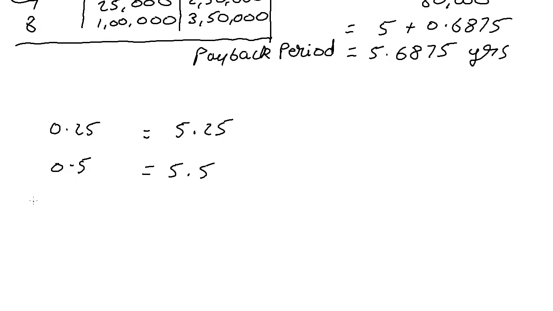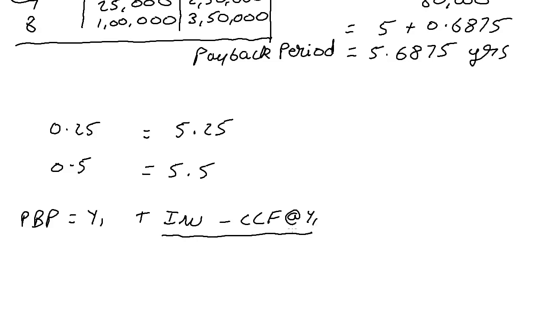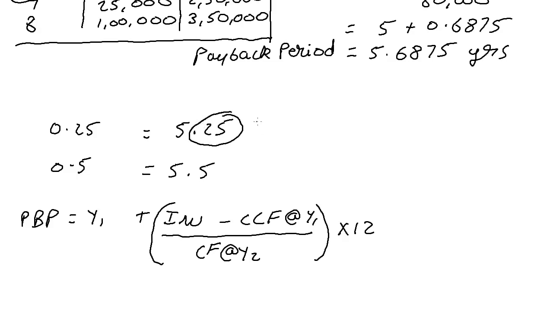In our original payback period calculation, payback period is equal to Y1 plus investment minus cumulative cash flow at Y1 upon cash flow at Y2, only and only if you're getting such a smooth decimal, multiply this by 12. That's as good as only multiplying after the decimal point by 12.